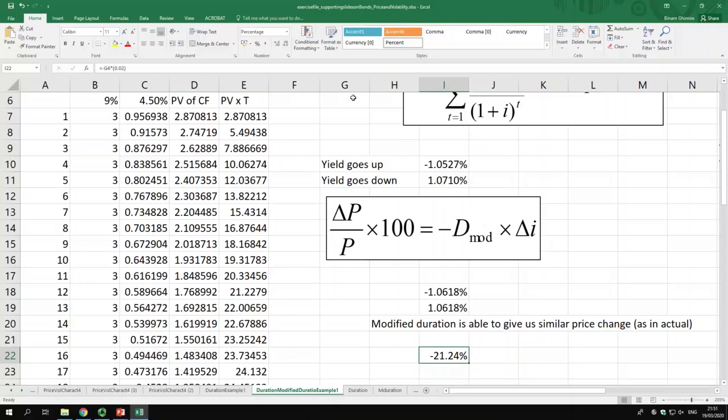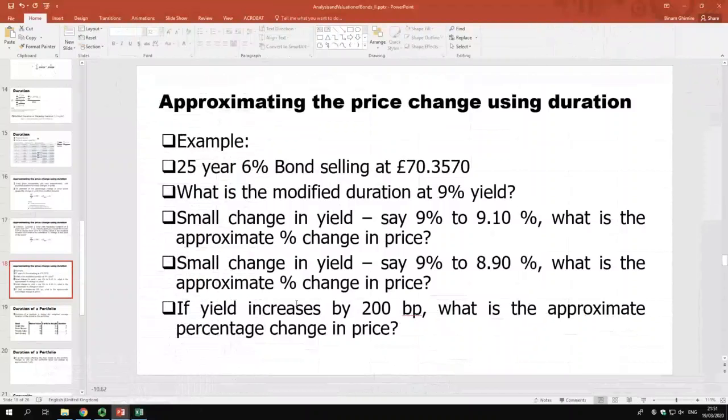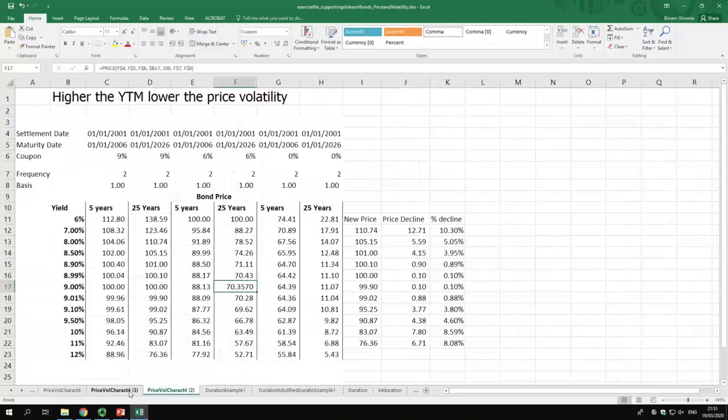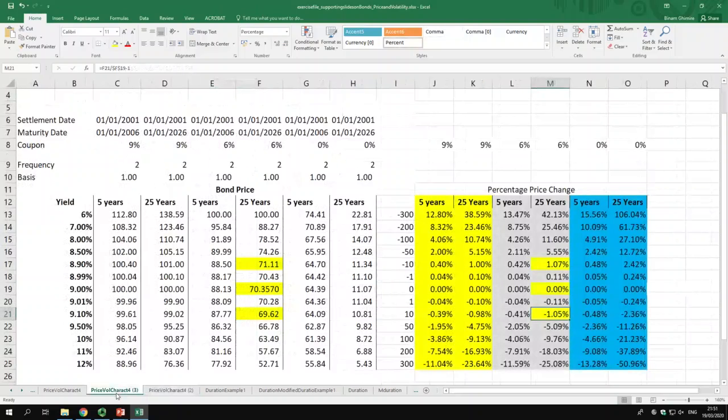Okay, now minus 21.24 is given by modified duration. What is it in actual? To find out the actual, you need to see the question. It is telling you the yield increases by 200 basis points. So in this example, for a 200 basis point increment, it is here from 9 to 11, and then you need to find out the percentage change.